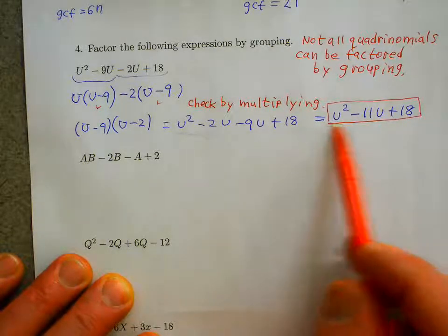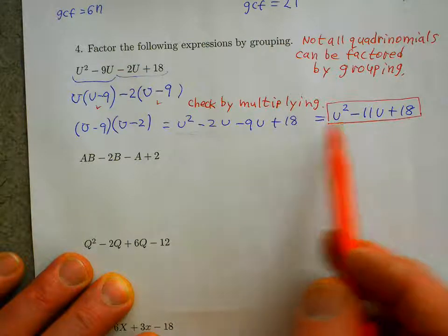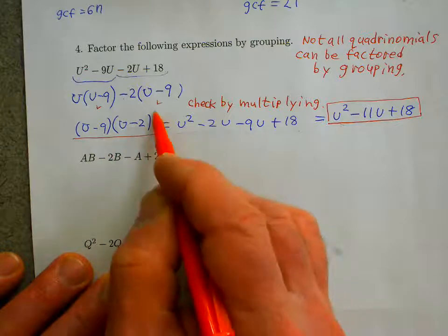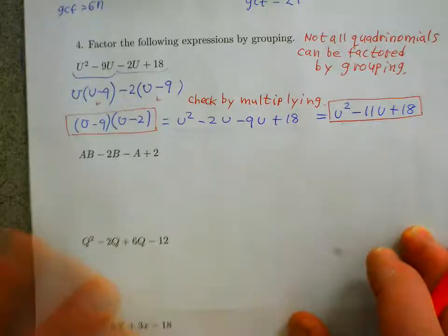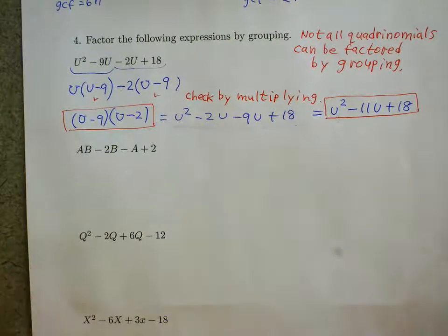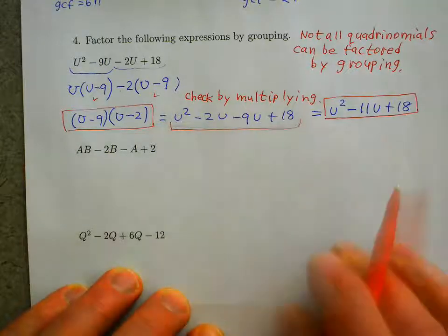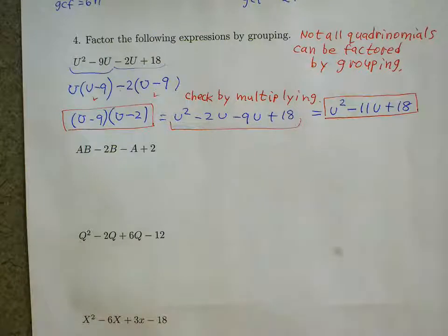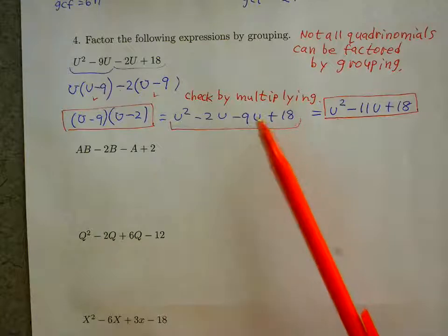If you begin with a trinomial, this one, u to the second minus 11u plus 18, and then find its factors, we'll end up with two binomial factors, u minus 9 times u minus 2. But in the factoring of trinomials process, the intermediate step is going to involve factoring by grouping. So that's why we're discussing how to factor by grouping, so that when we get to factoring trinomials, we'll know how to take it from that step.